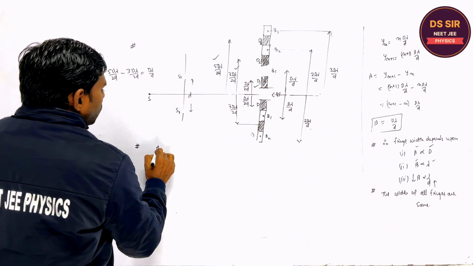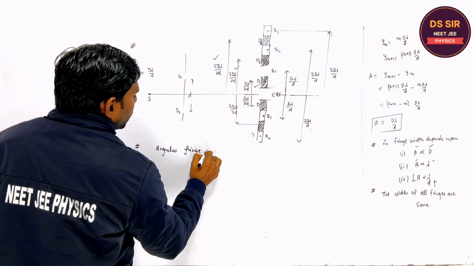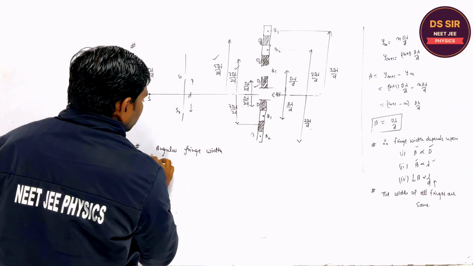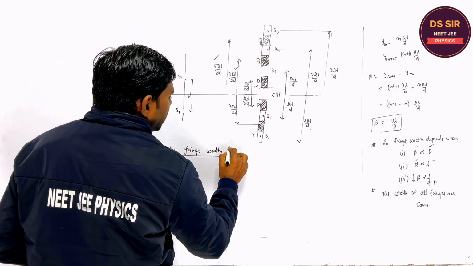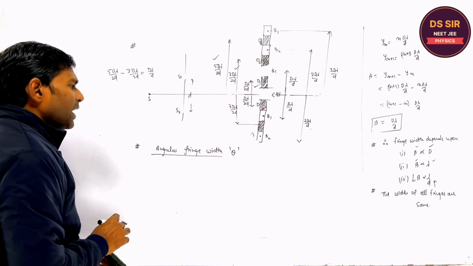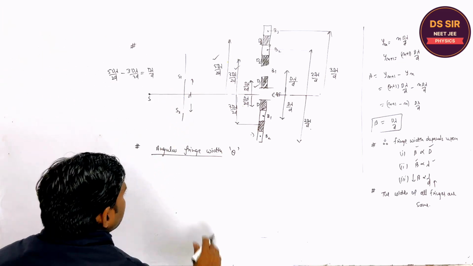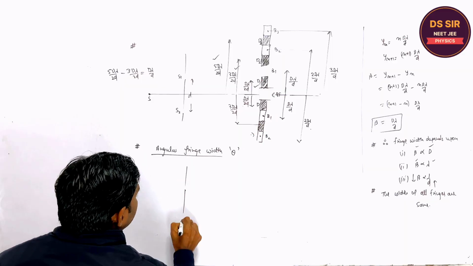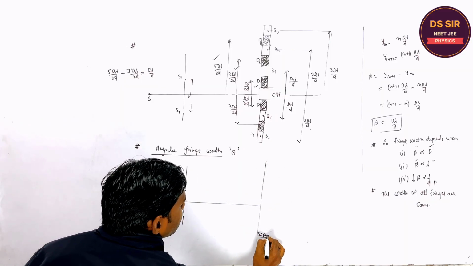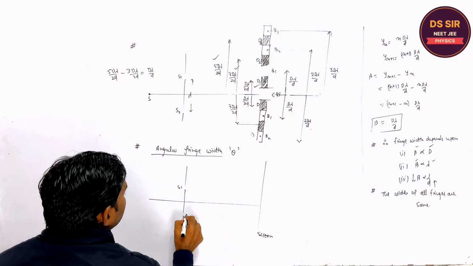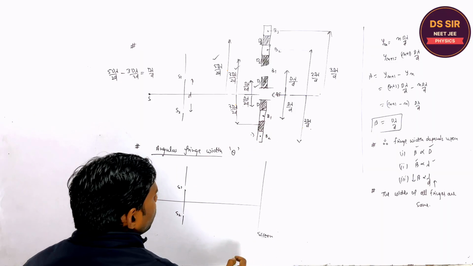Now the angular fringe width, sometimes represented by theta. What is the angular fringe width? Listen to one thing. If you consider these are the two slits, S1 and S2, and this is the screen, the fringe pattern is obtained over here.